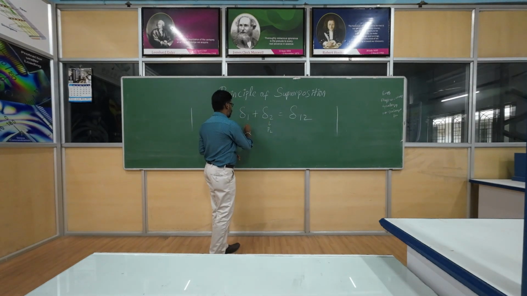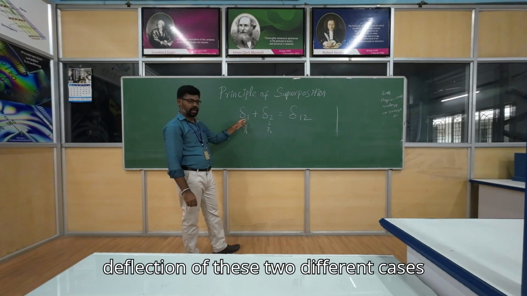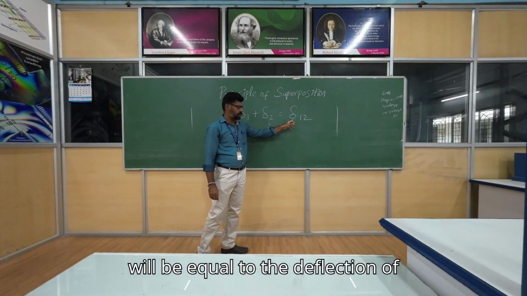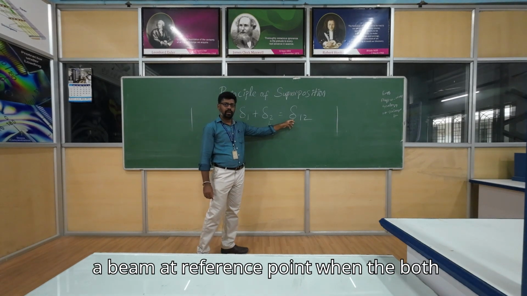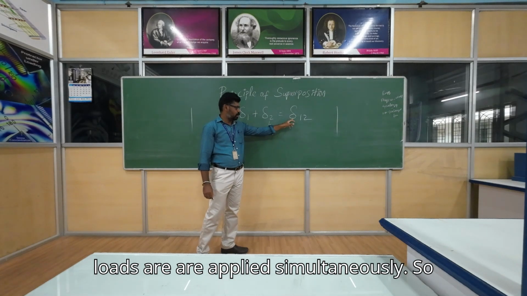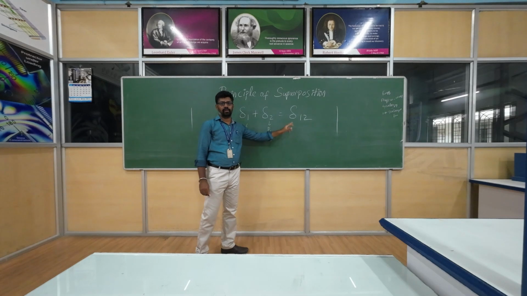As per the principle of superposition, the sum of the deflections of these two different cases will be equal to the deflection of the beam at the reference point when both loads are applied simultaneously. This is what the principle of superposition says.